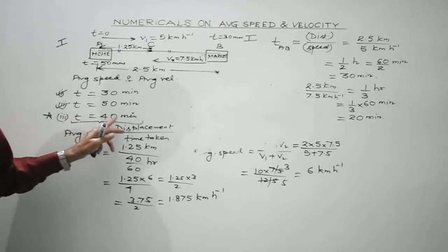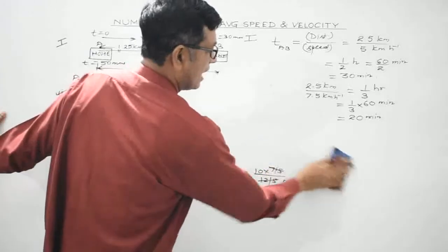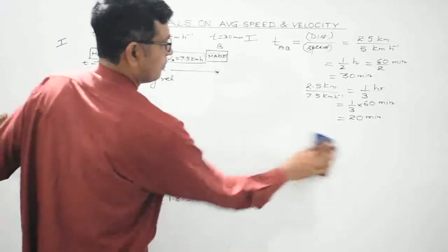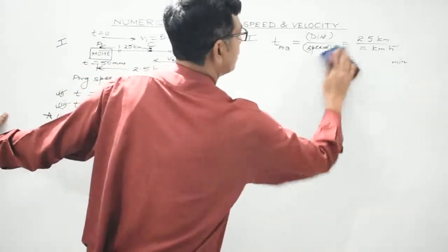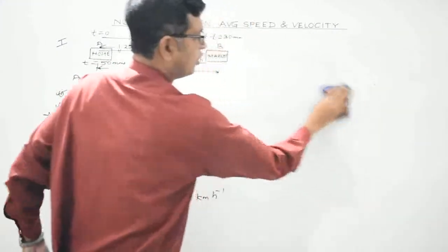Now the last part is left. During the interval t equals to 40 minutes, you are able to calculate the average velocity. So let's find out the average speed during this interval. Let's determine the average speed. Now average speed, we all are aware.